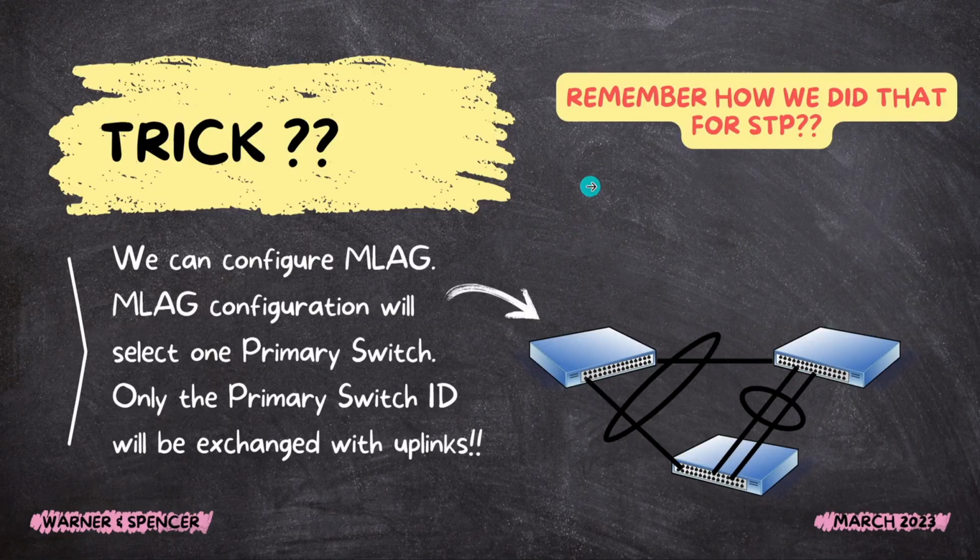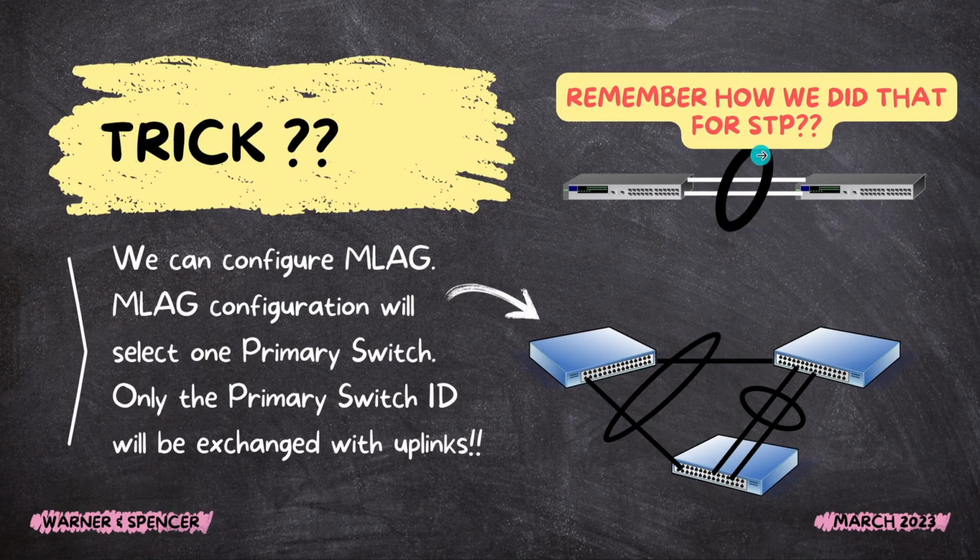Also, I would like to bring one thing to your attention. If you remember how we did the trick to STP to form a port channel, we introduced the port channel. By making sure that these two ports appear as one logical link, we created port channels.